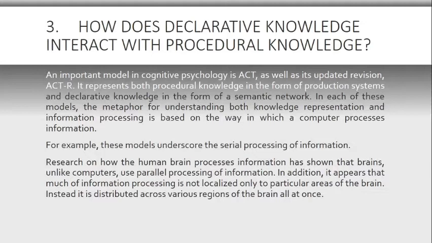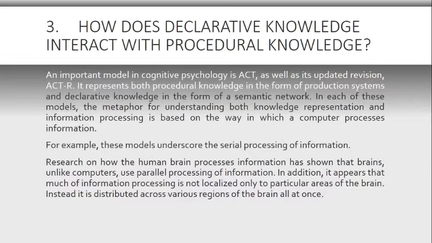It represents both procedural knowledge in the form of production systems and declarative knowledge in the form of a semantic network. In each of these models, the metaphor for understanding both knowledge representation and information processing is based on the way in which a computer processes information.